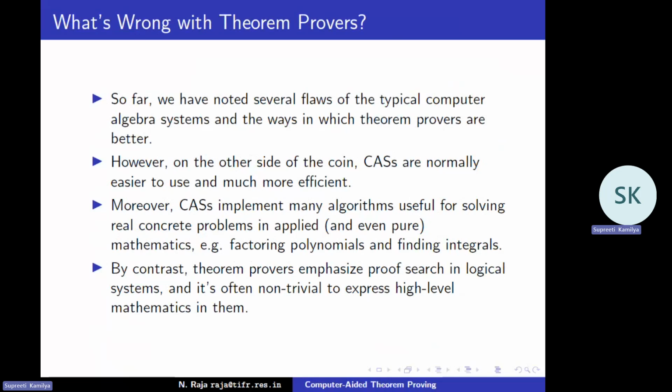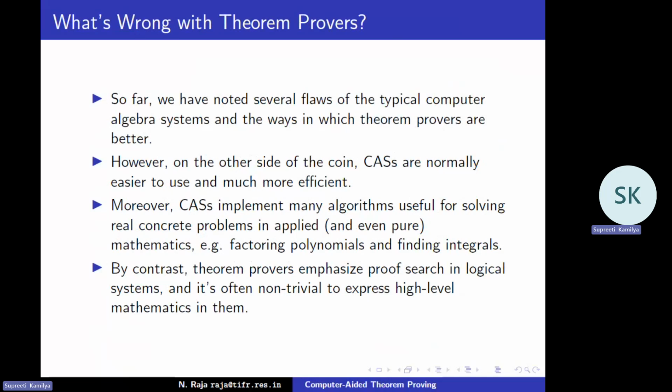Computer algebra systems implement many algorithms which are useful for solving concrete problems, for example factoring polynomials and finding integrals. In contrast, theorem provers focus just on proof search and logical systems, and if you want to express any high-level mathematics, it's often non-trivial to do so with the current state of technology.